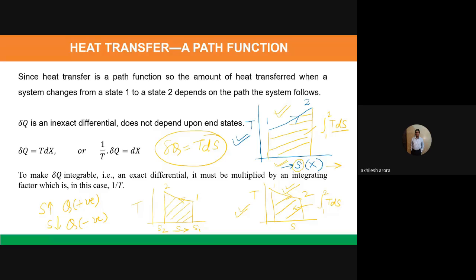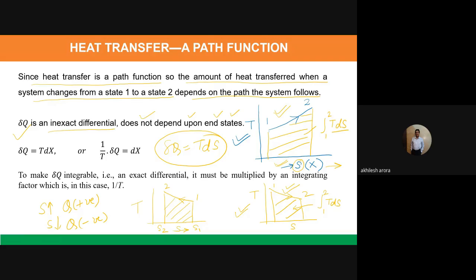Now, since heat transfer is a path function, the amount of heat transferred when a system changes from state 1 to 2 depends on the path the system follows. Okay, it is one and the same thing as we talked about in the case of work transfer. Delta Q is an inexact differential; it does not depend on the end states.